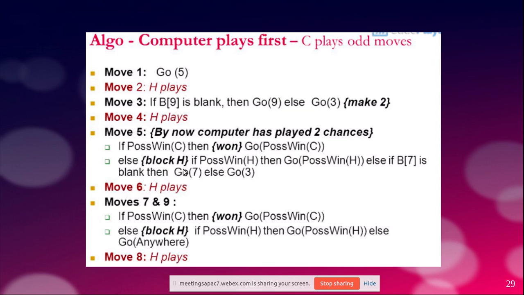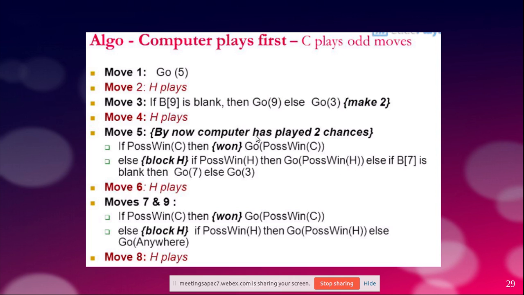If not, then make sure to block the human. Now check if human can win. That means if 18 is not possible, then 50 may be there in one of the 8 products. If so, make sure to block that and don't allow human to win.